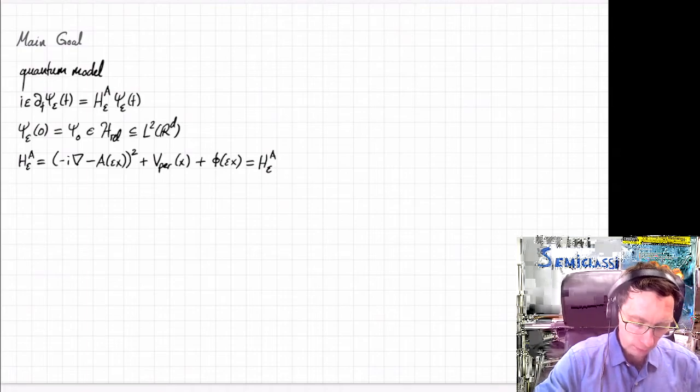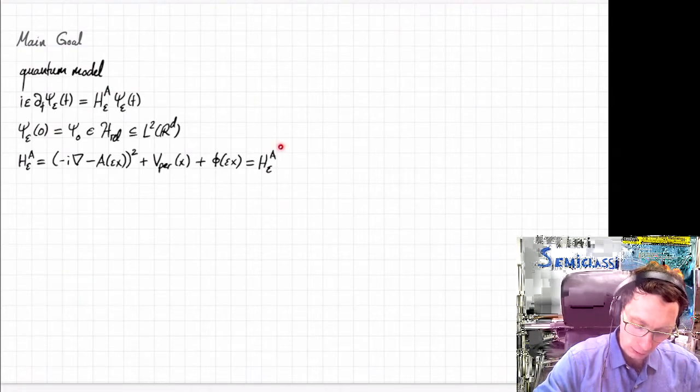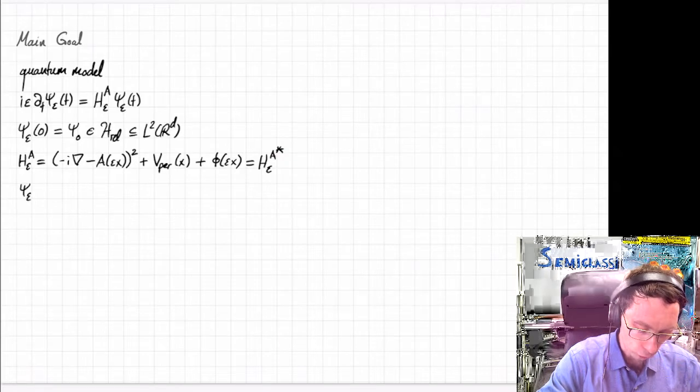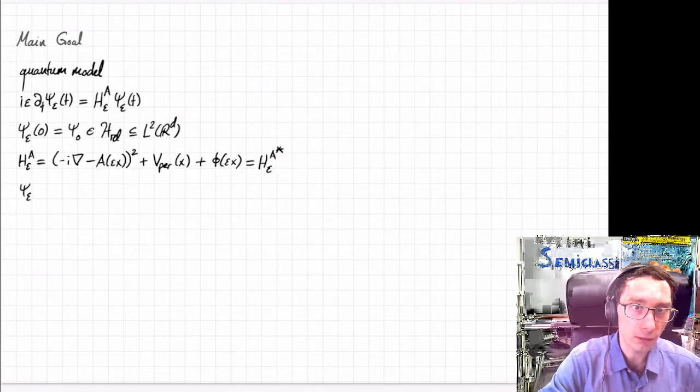And at least formally speaking, once we've ensured self-adjointness, we can solve this Schrödinger equation in closed form.